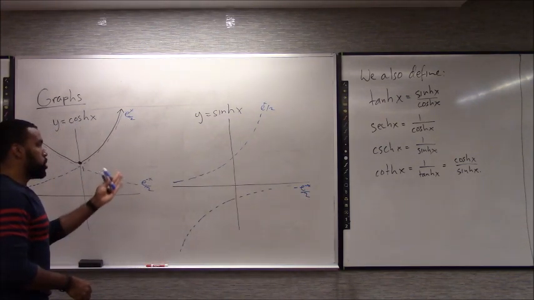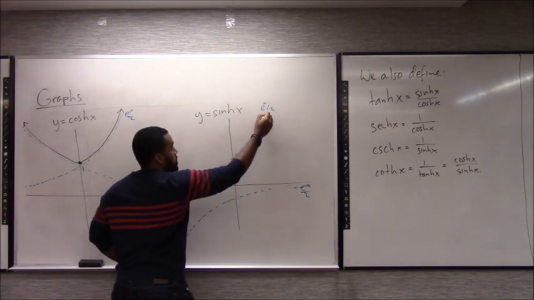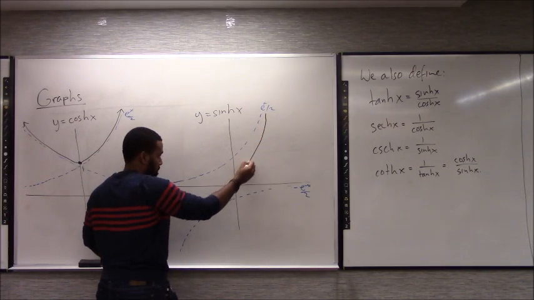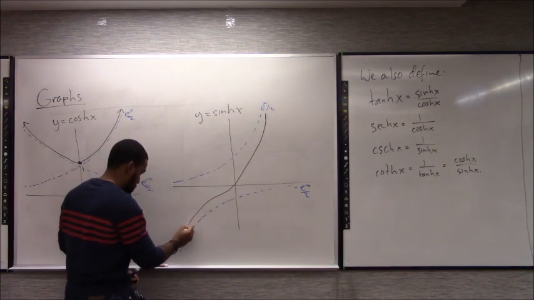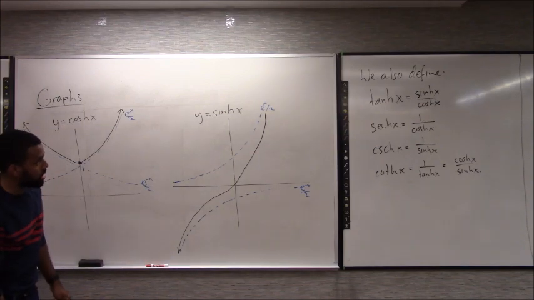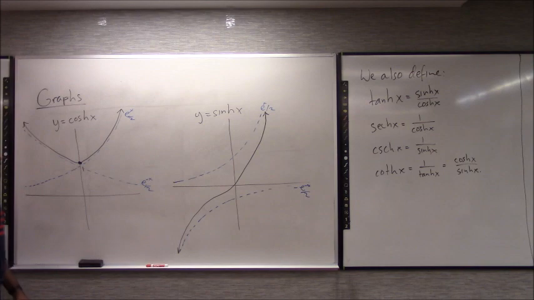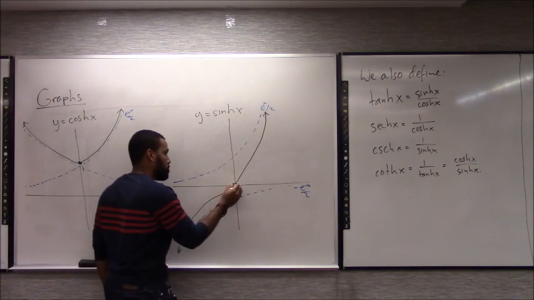And so you're taking the blue curve minus the bottom blue curve, and this guy ends up looking like this. So as it goes off to negative infinity, it will be asymptotic to this one. As it goes off to positive infinity, it will be asymptotic to that one. So it sort of looks like a cubic.